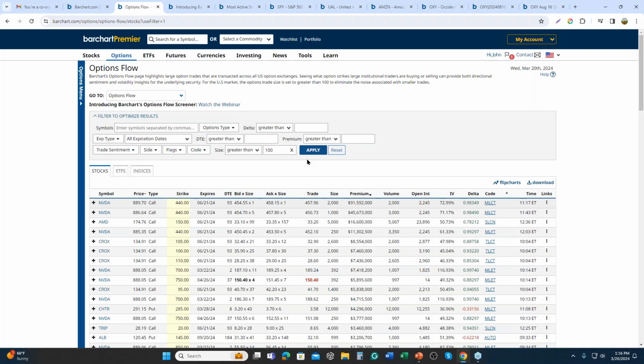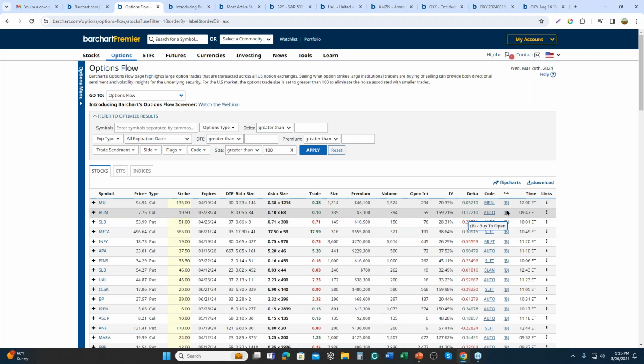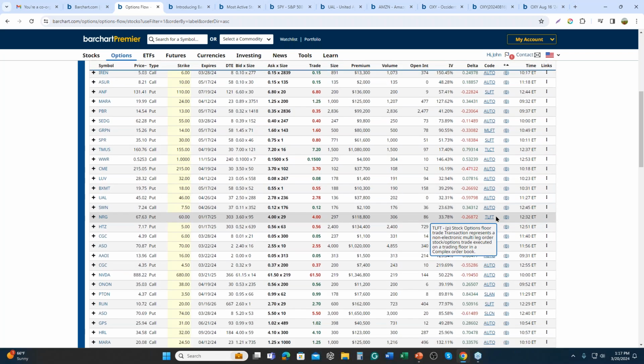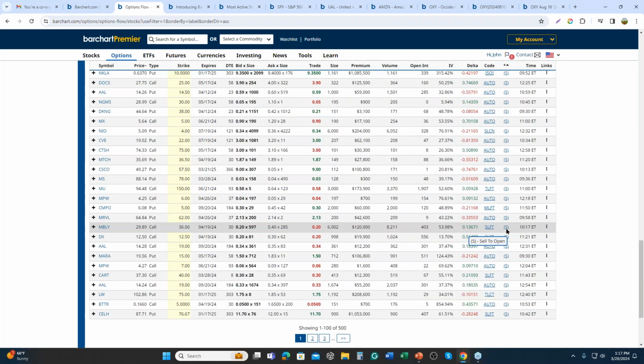The other thing I'm going to think about is volume to open interest. Am I seeing a potential opening of a trade? Over here on our screener, we have this little star designation. If I click on that a couple times, it will show me those that are buy to open, in other words lifting offers, or sell to open, which is selling the bid.